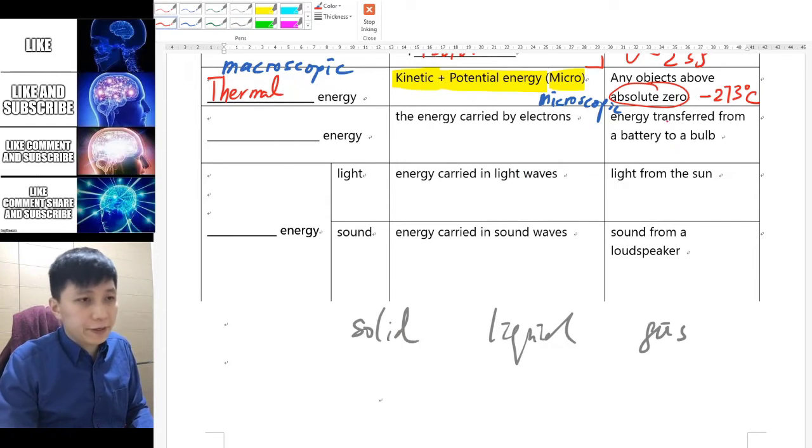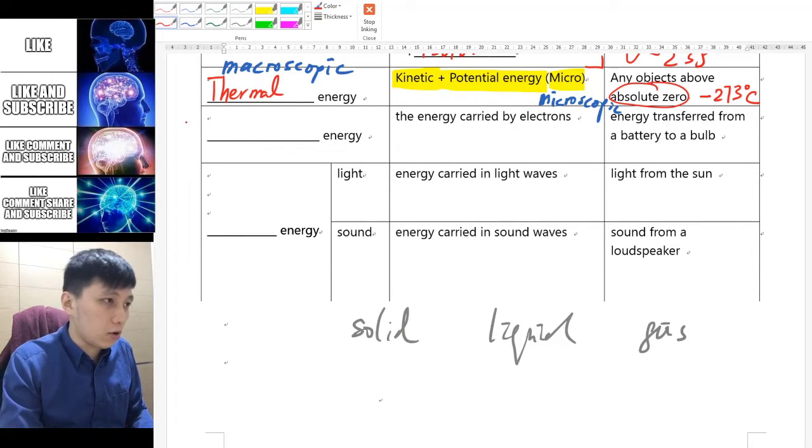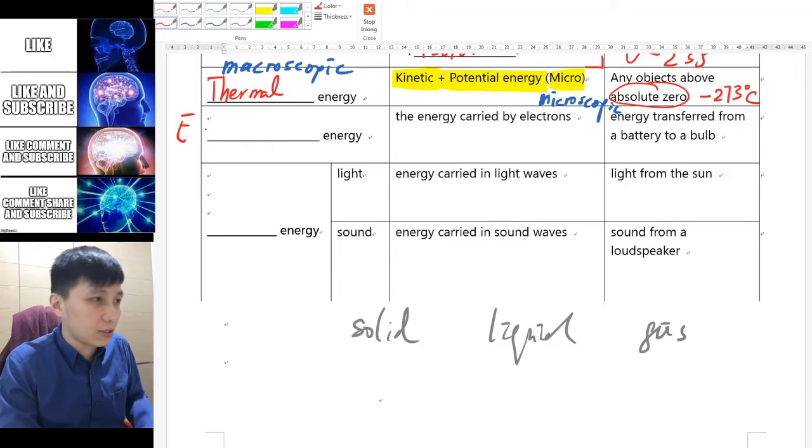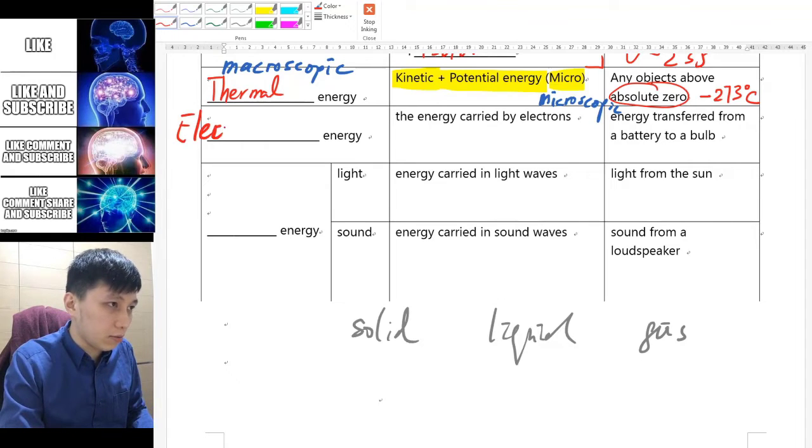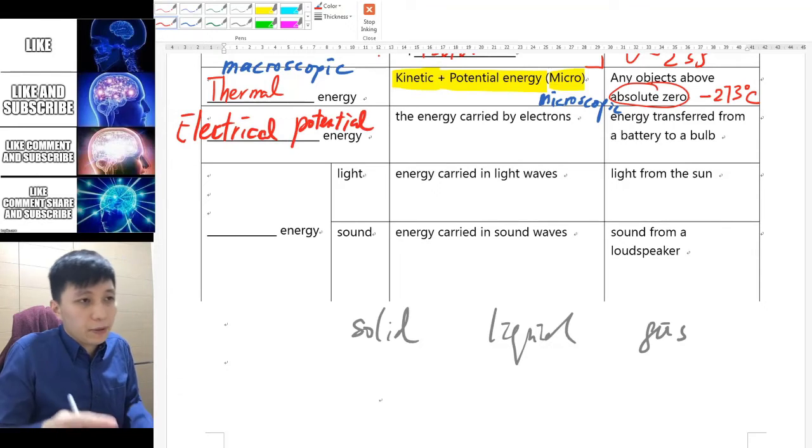Next one is very obvious. It's talking about the energy that you transfer from the battery to power up the light bulb. The energy carried by electrons is called, of course, something to do with electricity: electrical potential energy. Think about this.